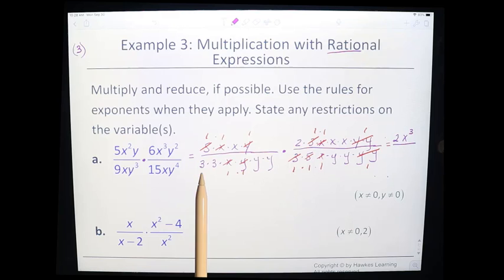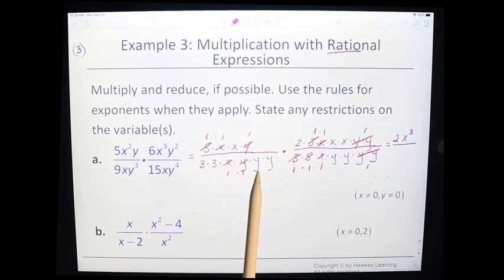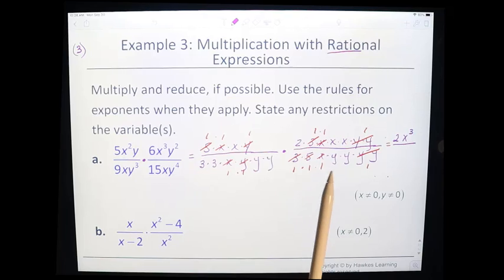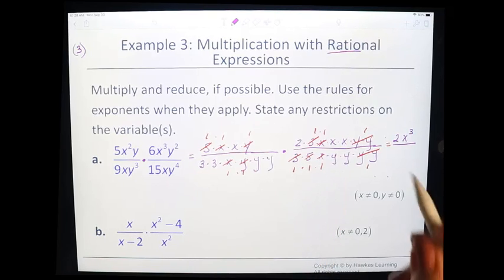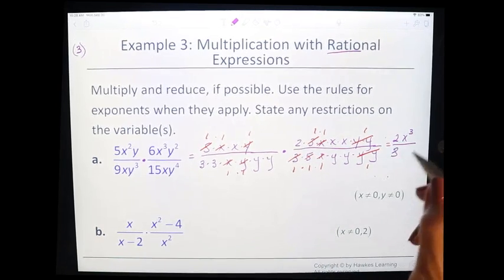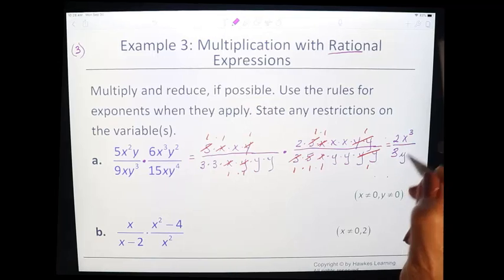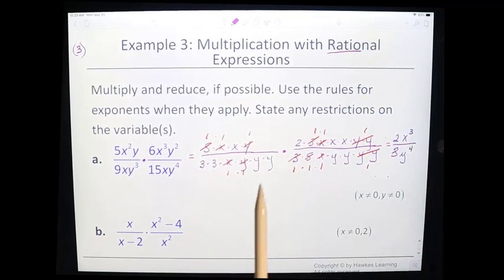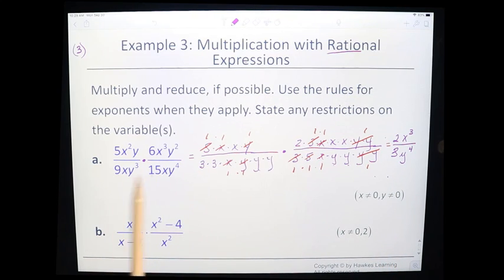So I see a 3 times 1 times a couple of factors of y here, times 1 times 1 times 1 times a couple of factors of y there. So it looks like we have a 3, and I think I see 4 factors of y. Let me double check. 1, 2, 3, 4. Yes, so I'm seeing a 3y to the 4th. That's the multiplication of these two fractions. You end up with 2x cubed over y to the 4th.